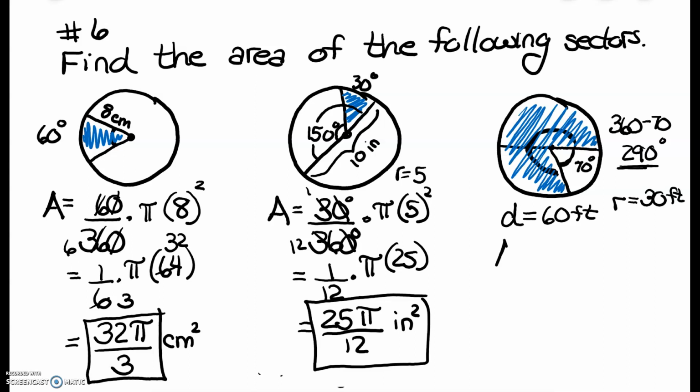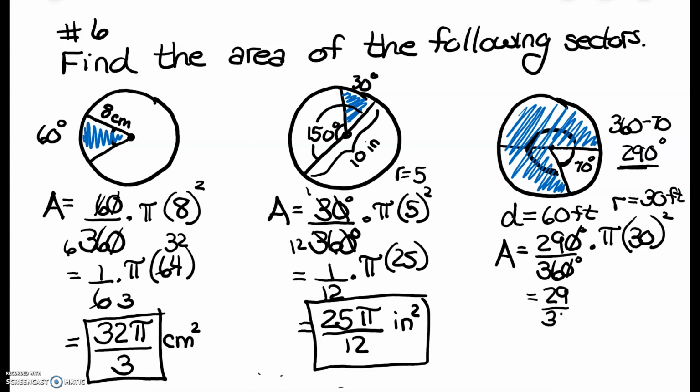So when I plug this into my formula, I get 290 over 360 degrees times pi, and then I have to square 30. So let's reduce this right now. The zeros reduce. 29 and 36 doesn't reduce anymore. So I'm just going to write it like this, times pi.